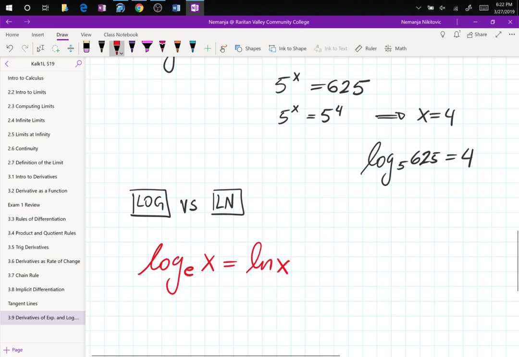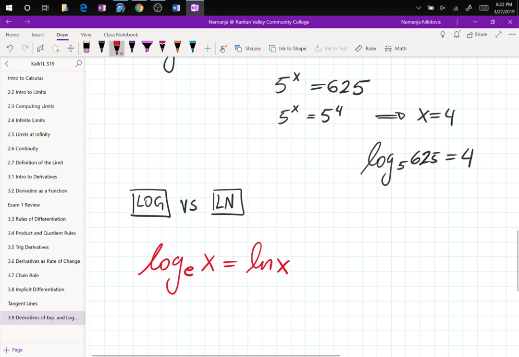So this is the connection, which means that any rule, formula, or anything that you learned for log also holds for ln, because anytime you see ln, you can rewrite it as a log base e of the same argument that you had before.